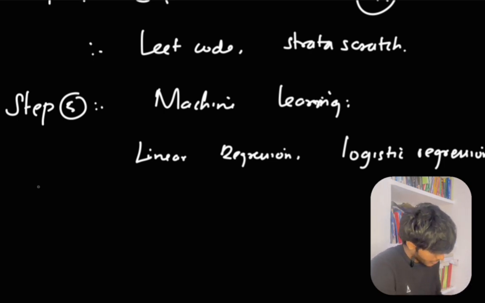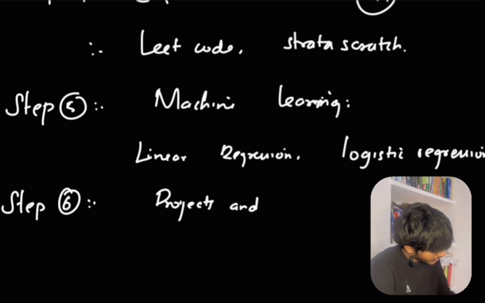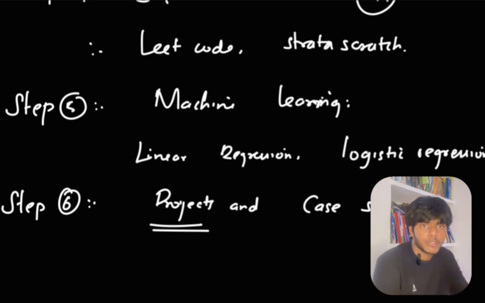Okay, and what is step six? Projects and case studies. This is the final step: projects and case studies. You have to work on real-time projects. For example, in my college days, I worked on COVID-19 data sets through machine learning and through data visualization tools like Tableau and dashboards.